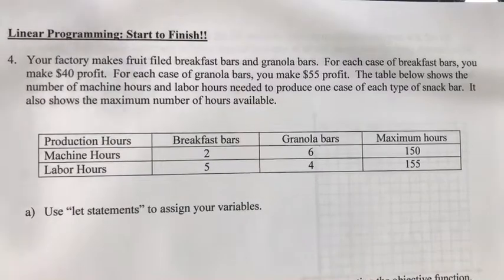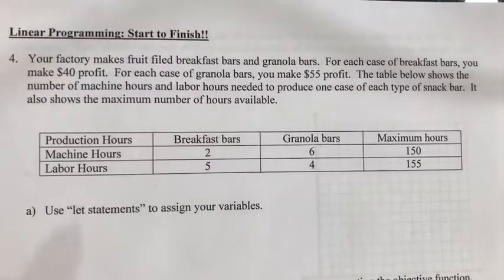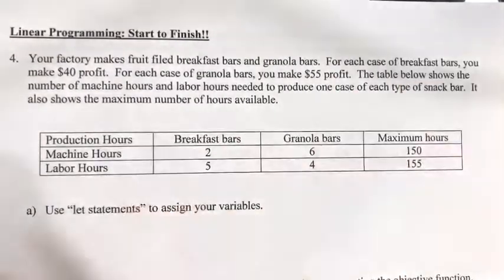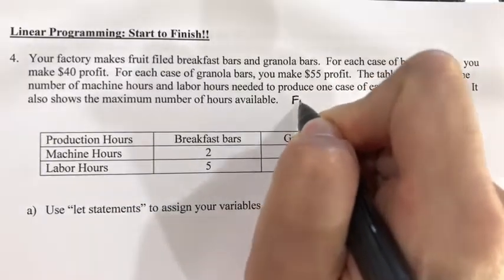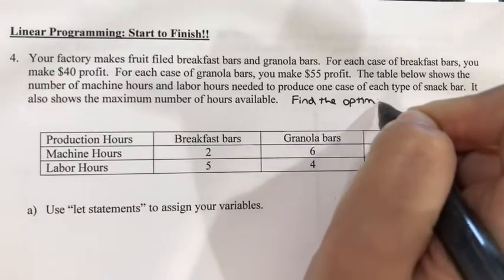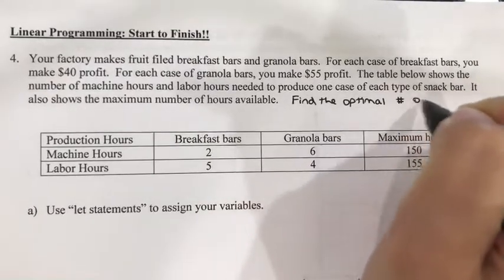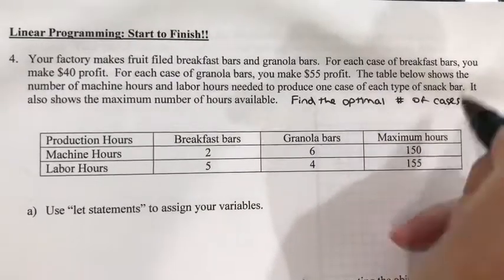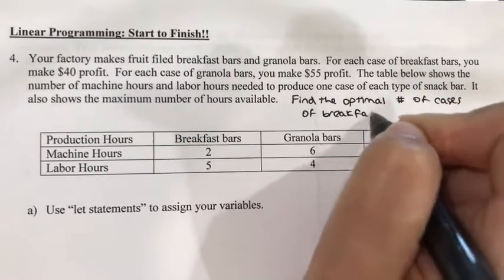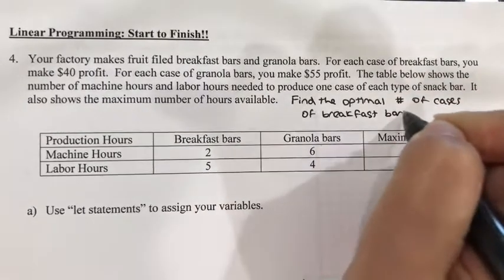So let's analyze what they're actually asking in this problem. Ultimately, we're going to be finding, and actually this is usually written up top, it's going to say find the optimal number of cases of breakfast bars and granola bars.